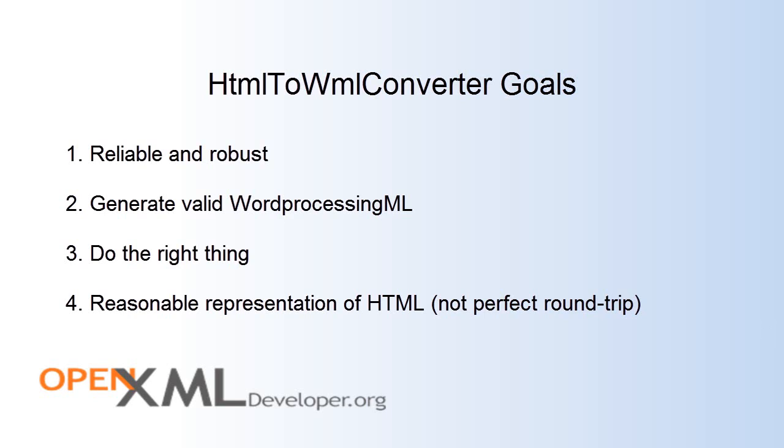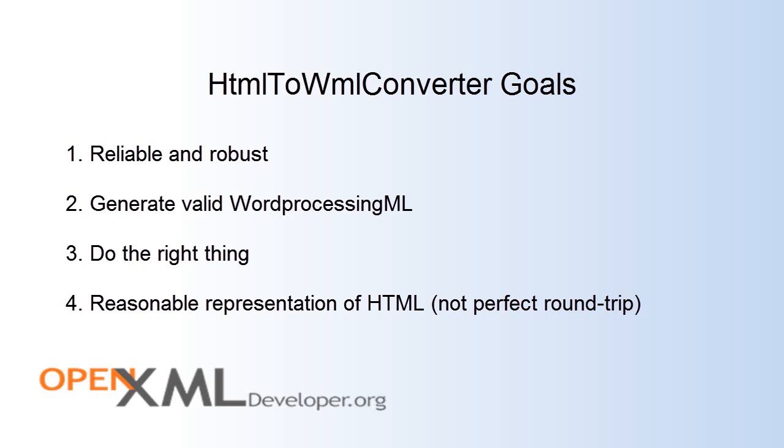You can see in the HtmlToWmlConverter 01, it validates the document after converting the document to WordprocessingML. Further, if you look at the XUnit tests for HtmlToWmlConverter, you can see that those XUnit tests also run the Open-XML SDK validation on the documents after converting them from HTML to WordprocessingML.